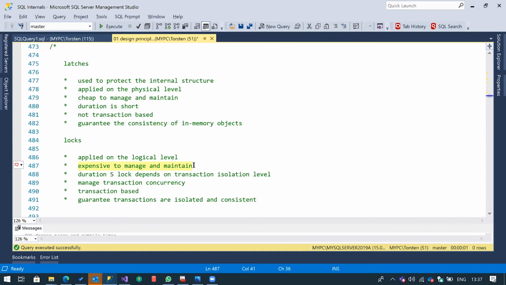Because think about the following: in the traditional engine, when you acquire more and more locks, every lock has its own memory footprint. That means when I lock a table with a shared lock on every row, and consider you have a table with 5 million rows, we will end up with 5 million rows multiplied by 96 bytes.